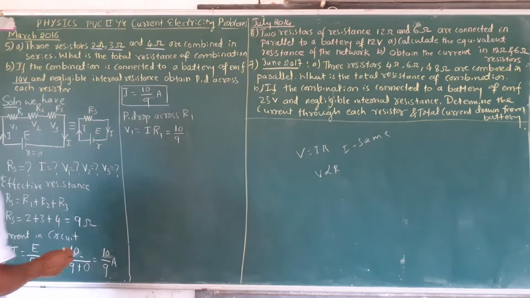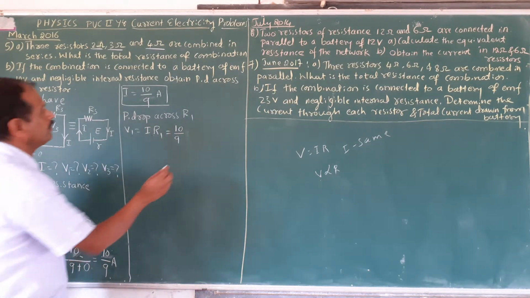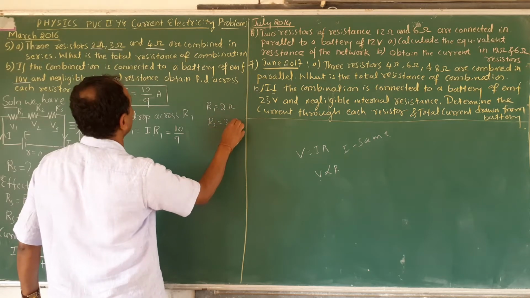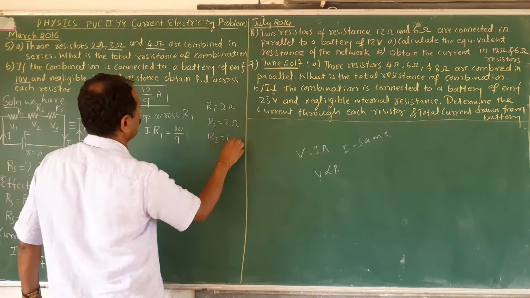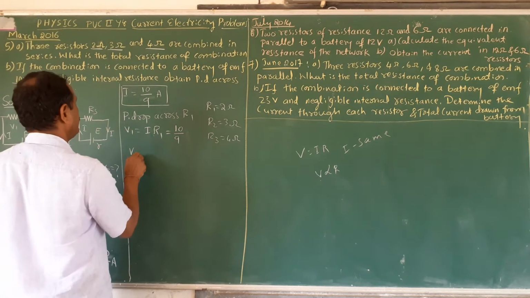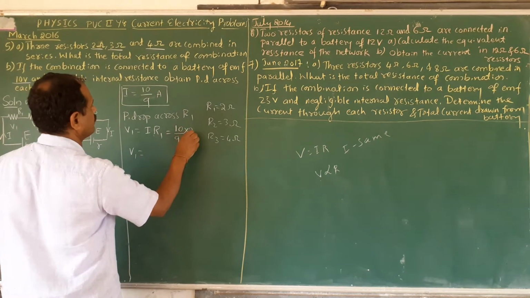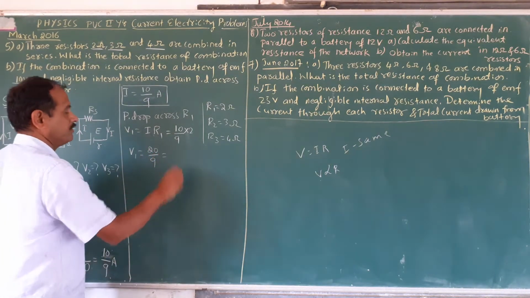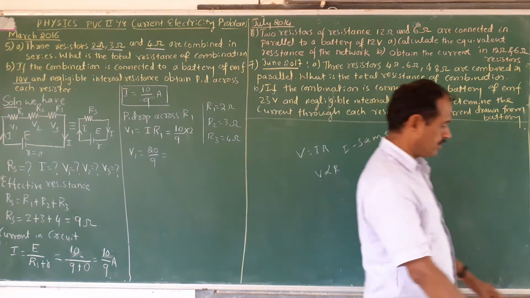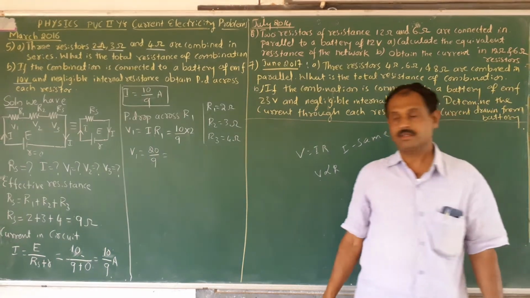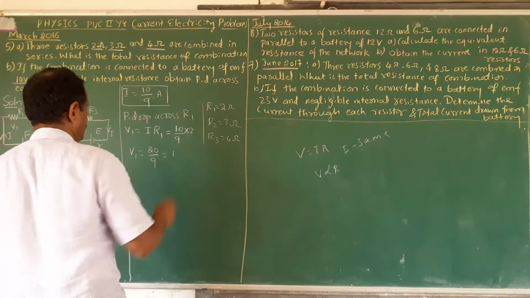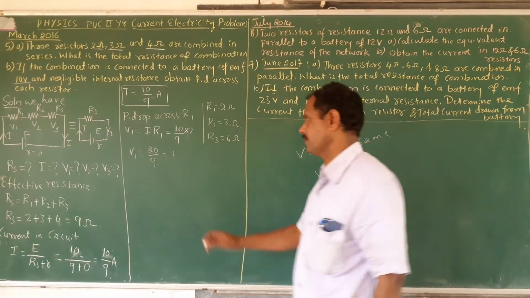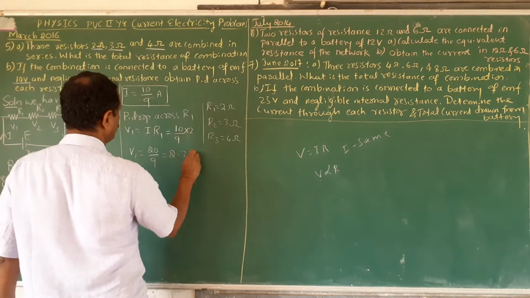R1 is 2 ohm, R2 is 3 ohm, and R3 is 4 ohm. So V1 is equal to 20 divided by 9. What is your answer for V1? You calculate it yourself. V1 becomes 2.222 volt.